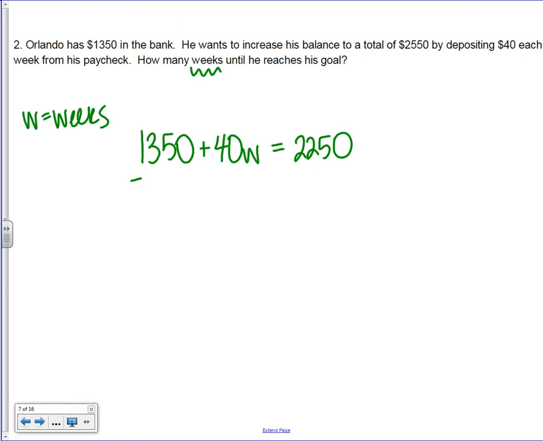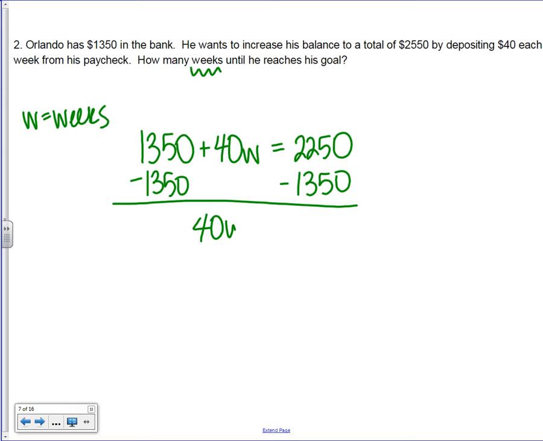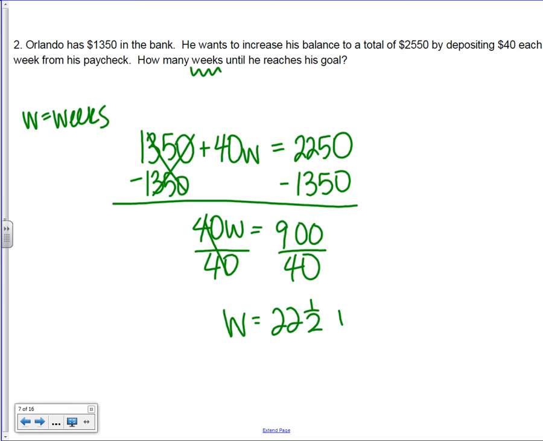Isolate the W. Divide by 40, and W is 22 1/2 weeks.